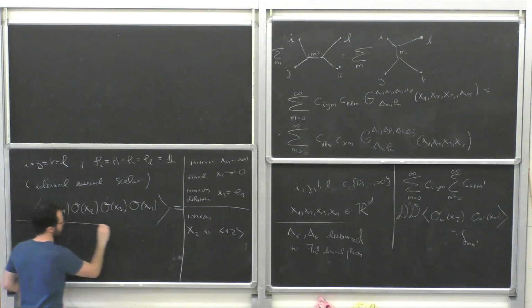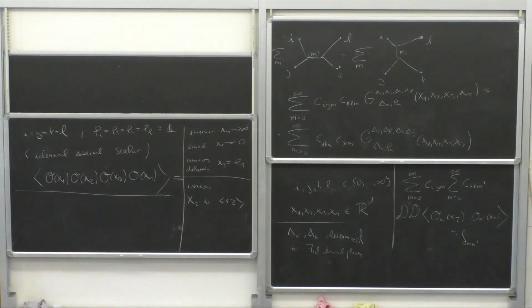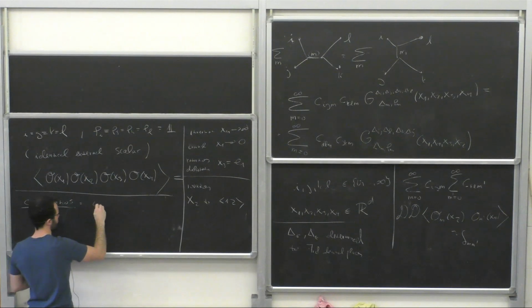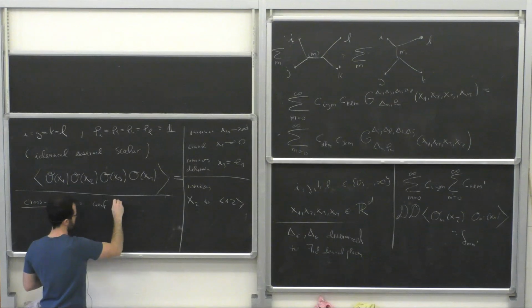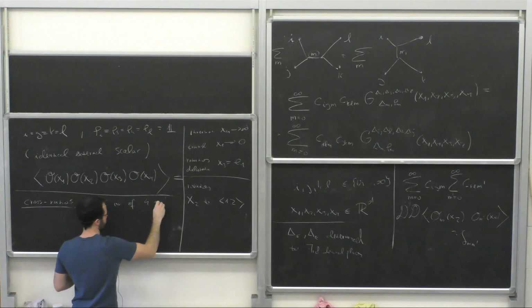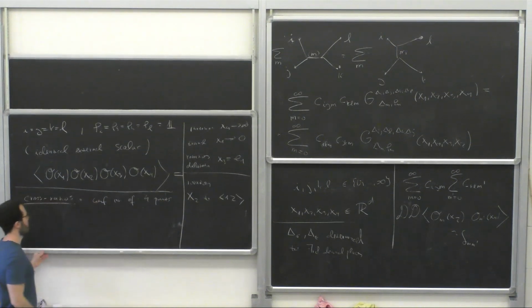Okay, well, there's a nice way to parameterize the coordinates, which is called cross ratios. So cross ratios are the conformal invariants of 4 points. So 3 points have no non-trivial invariants, but 4 points do.